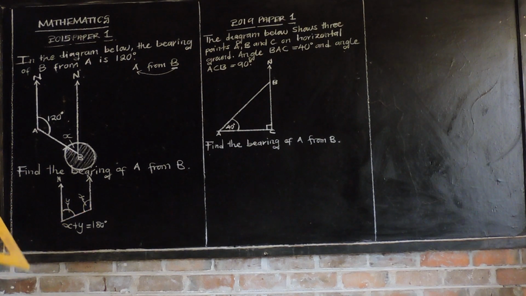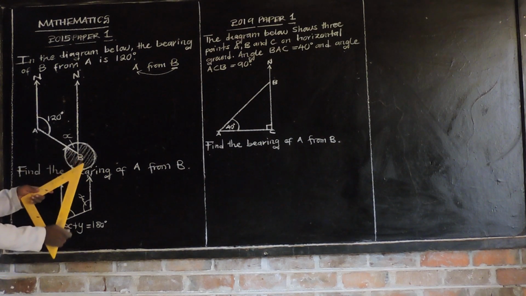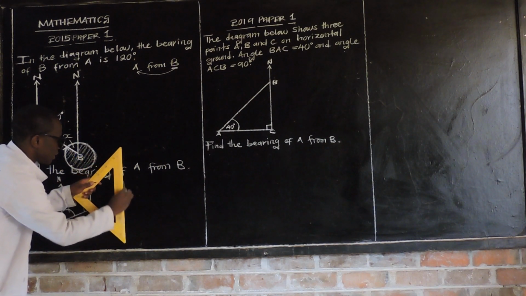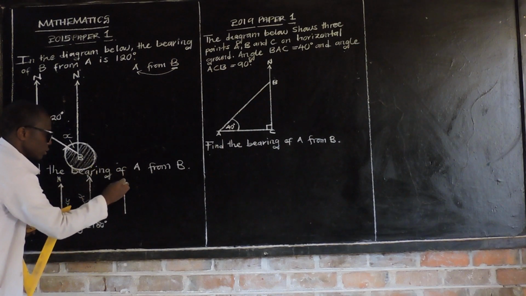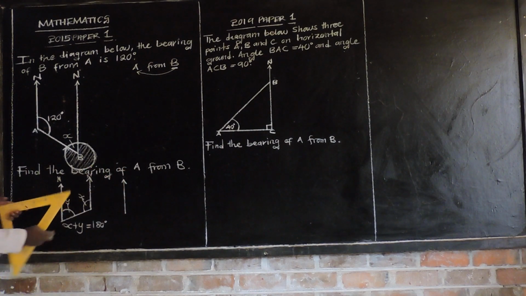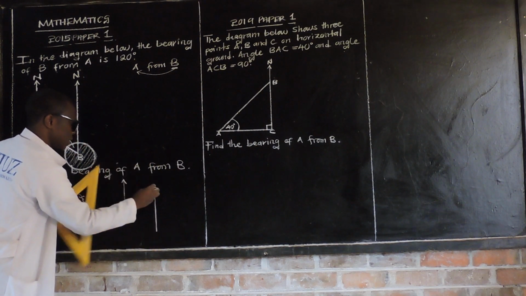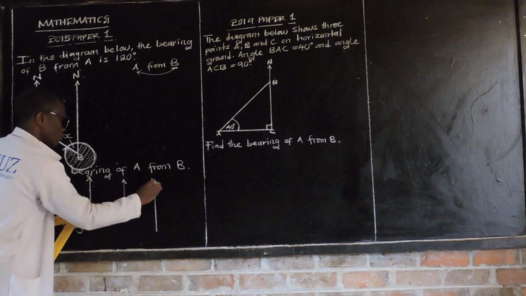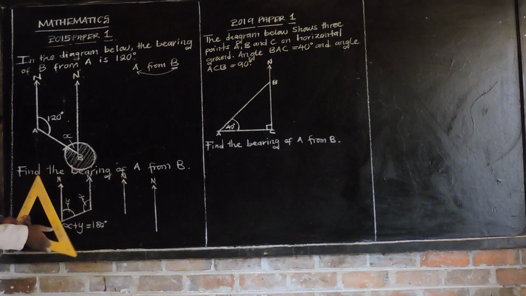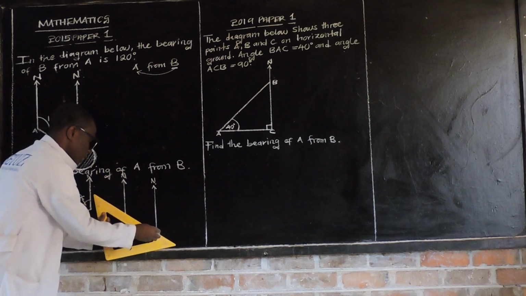Similarly, in our case, we have a situation like this. We have this line, and also this other line on this side. This one is a north and this one is a north. Then you have a transversal line here.